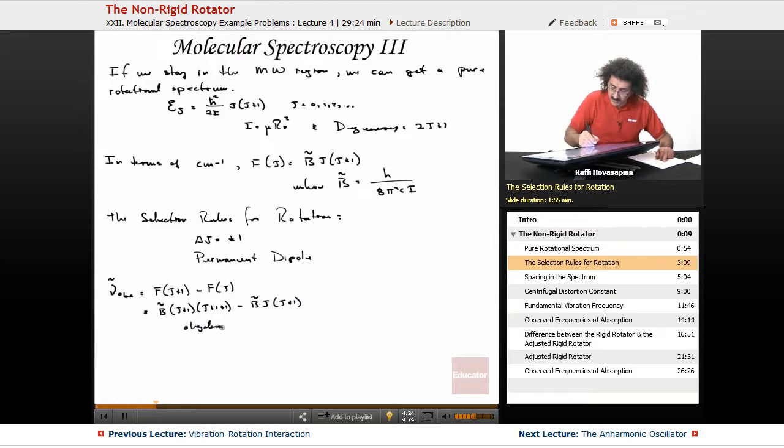After a little bit of algebra, what we end up with is a nu observed equal to 2b times (J plus 1). And again, we know this already, J equals 0, 1, 2, where J is the initial rotational state.